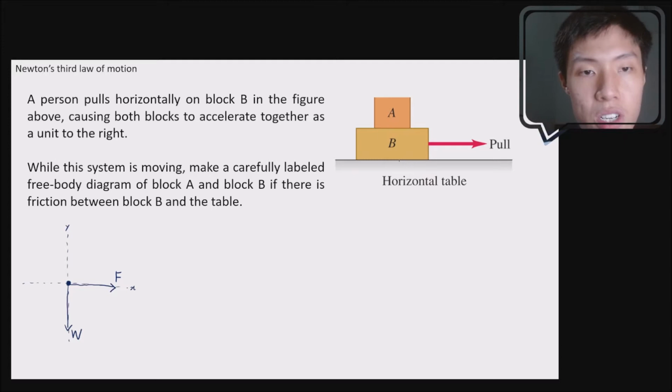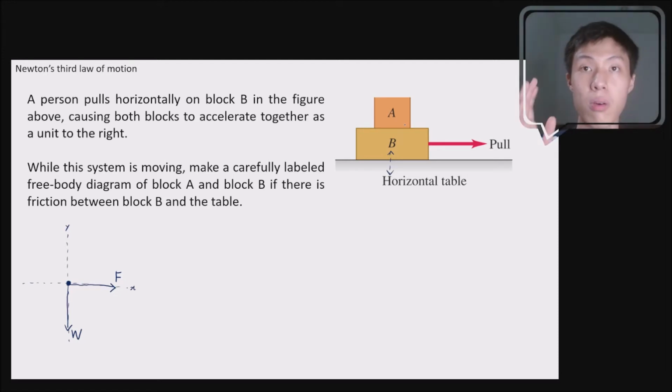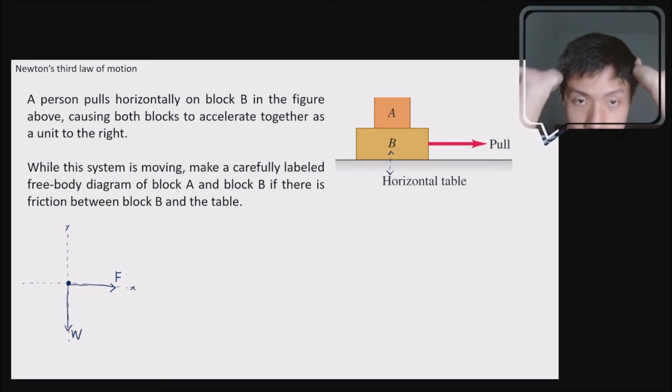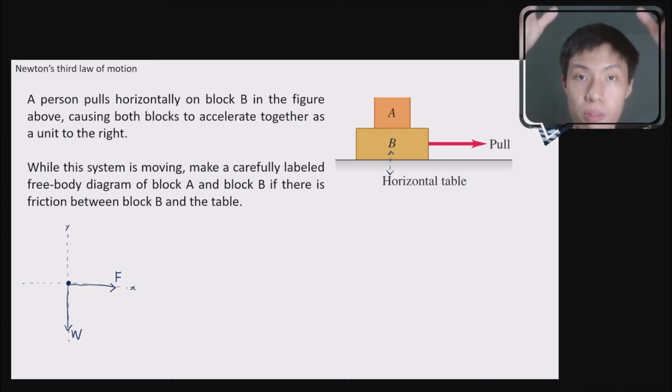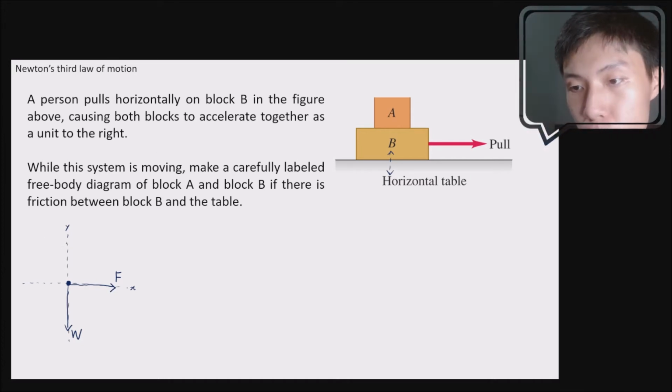The direction of the normal should be perpendicular to the surface, and in choosing between up and down, let's think about the idea of push. The table is supporting block B, so if the table pushes on block B, it has to push in this direction to support it, preventing it from falling. So the normal force should be pointing upwards.